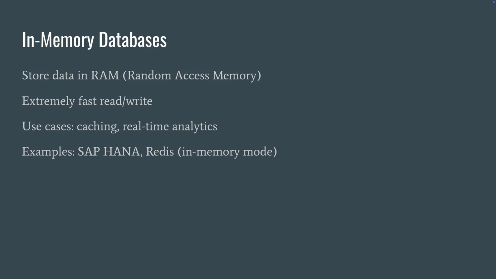Redis offers data structures like list, sets, and sorted sets. One thing to keep in mind with in-memory databases is that they usually require enough RAM to store your working data sets.